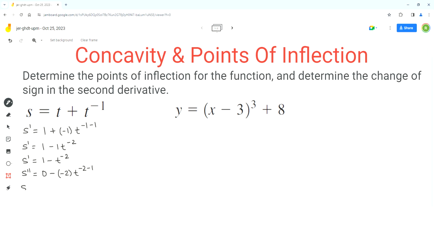So we get s double prime: 0 goes away, minus -2 becomes +2, and then t exponent -3. Now we can move the t to the denominator to make the exponent positive.